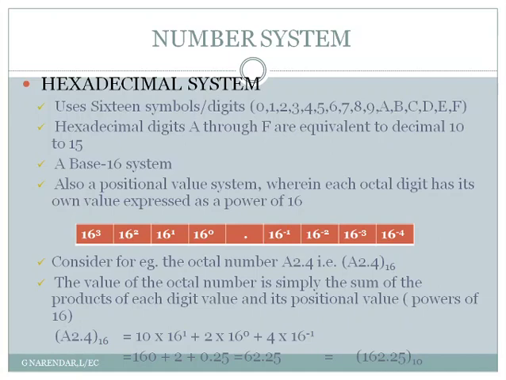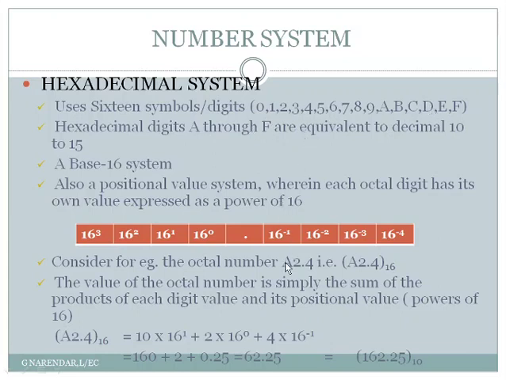Here we have taken an example of the hexadecimal number A2.4. We can use any of these 16 symbols to write a number in the hexadecimal system.